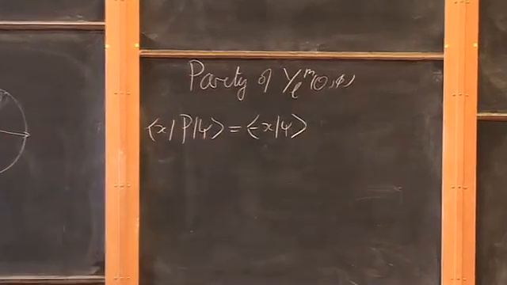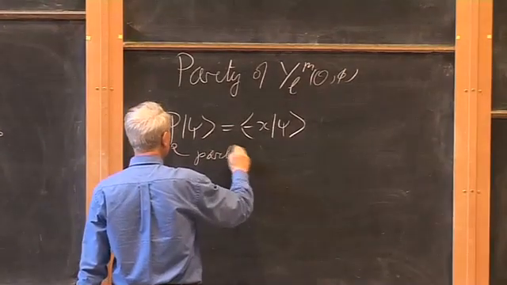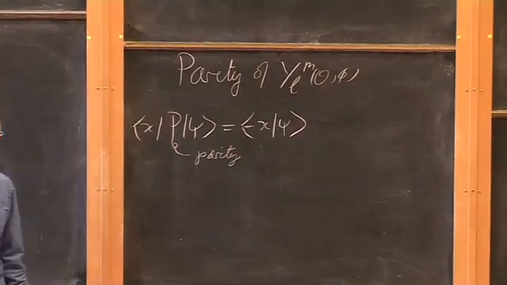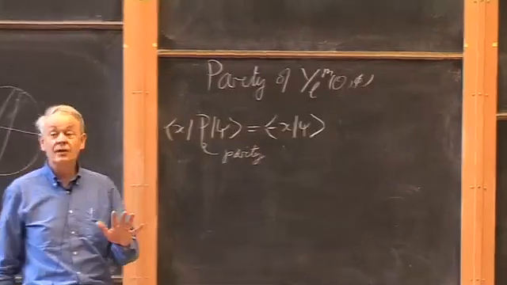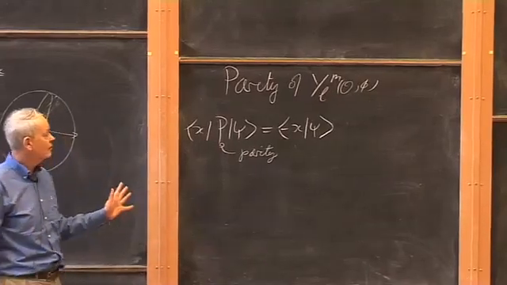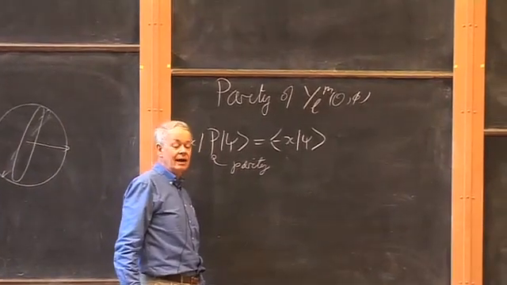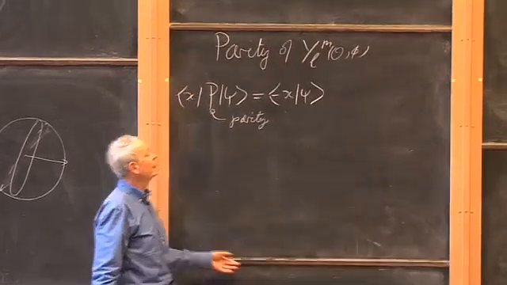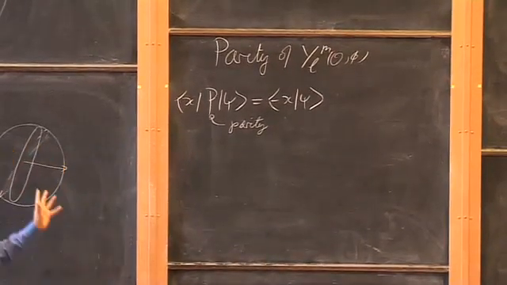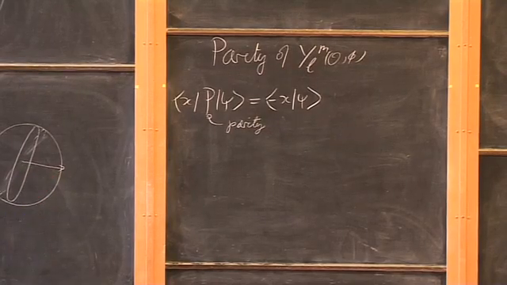That's the definition of the parity operator. And these states of well-defined angular momentum turn out to have well-defined parity. That's what we're about to show. And what's more, the parity is minus 1 to the L. So states of different angular momentum have alternating parity. Some are even parity, some are odd parity. And that's what we want to show.